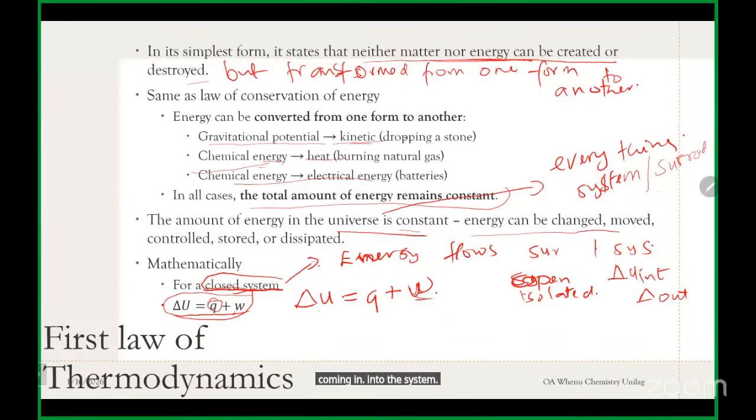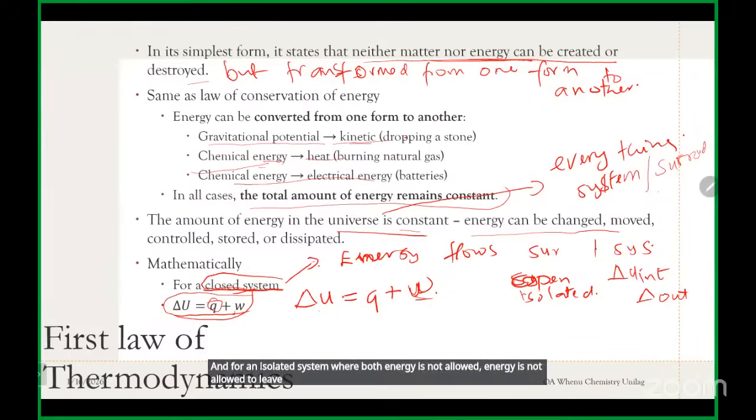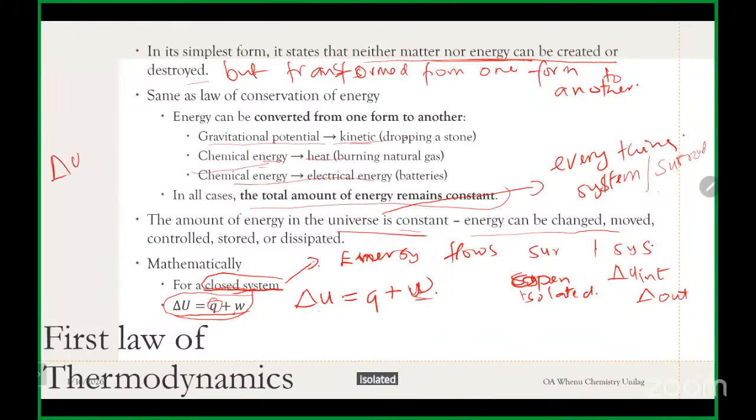And for an isolated system, where energy is not allowed to leave, delta U is equal to 0.